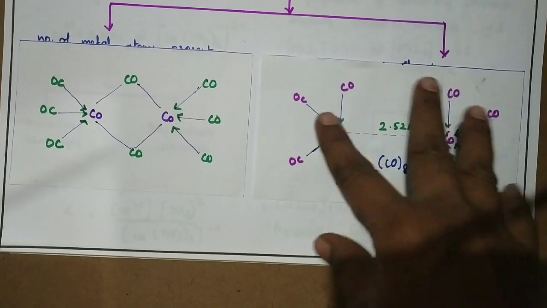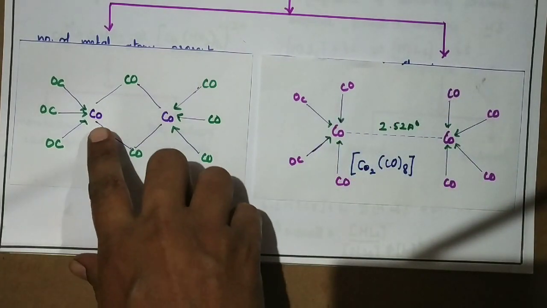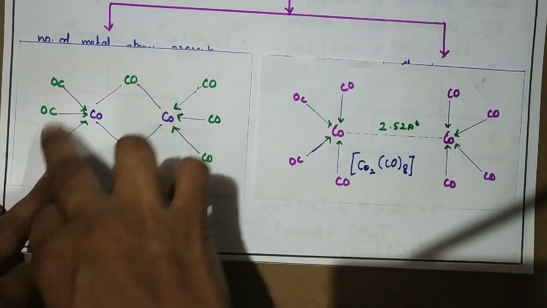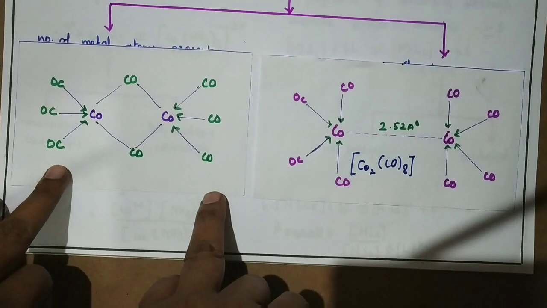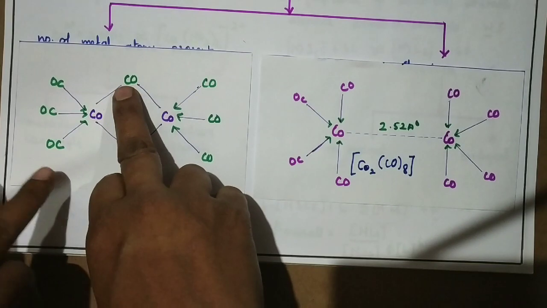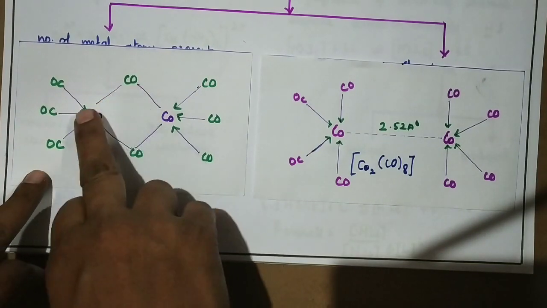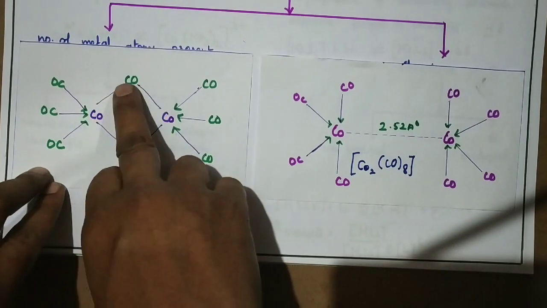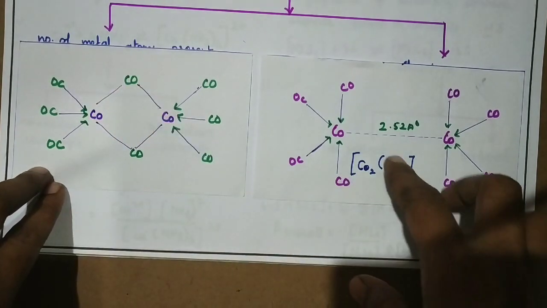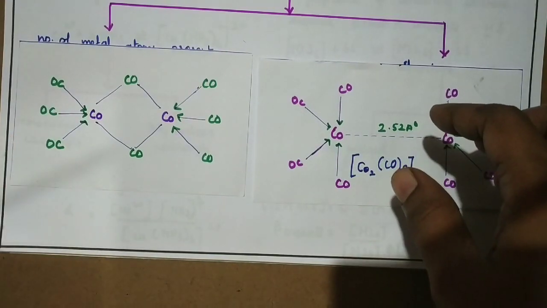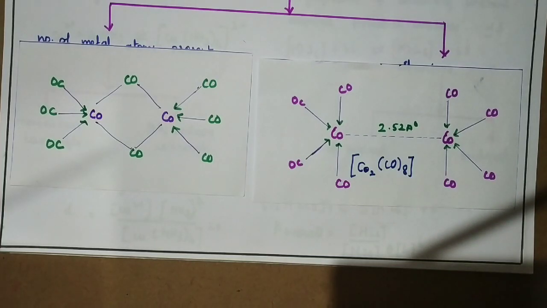It has the same molecular formula, Co2(CO)8, with 8 CO groups. In the other, the carbonyl is bridging between the central metal ion and the central metal ion. In the first one, it is directly attached to the central metal ion. Students, these are the metallic carbonyls present in coordination compounds.